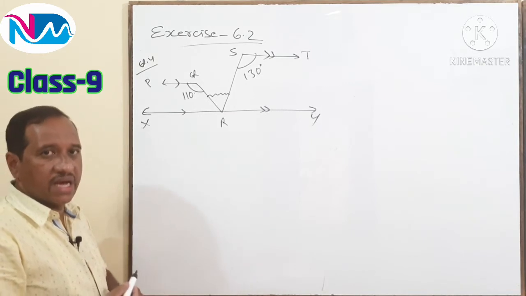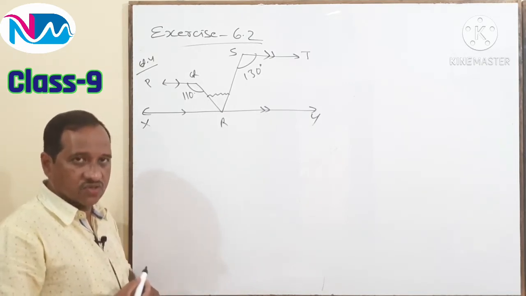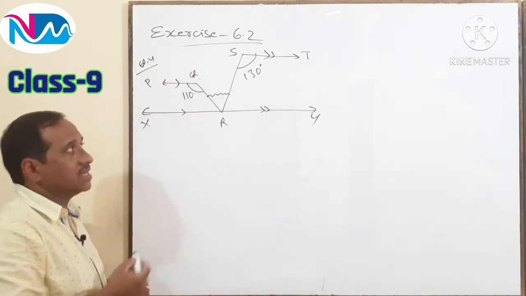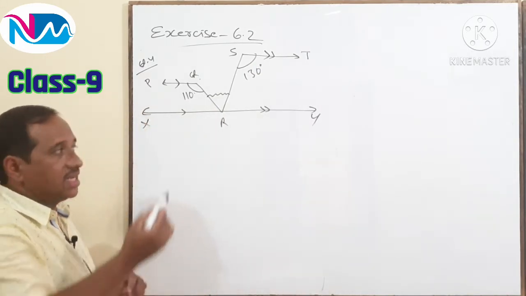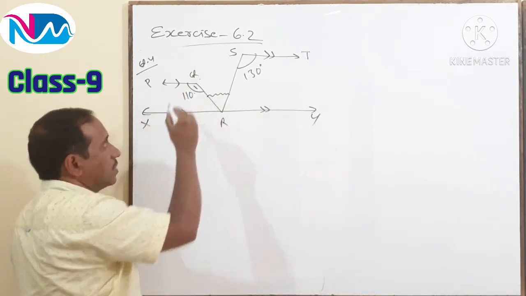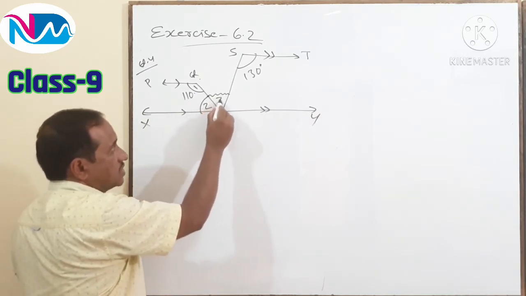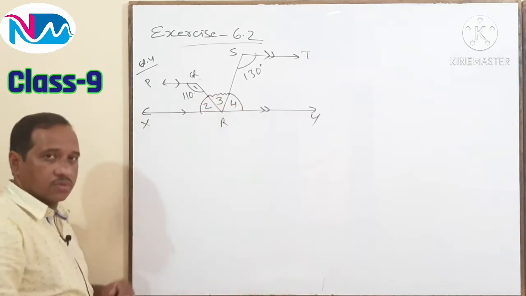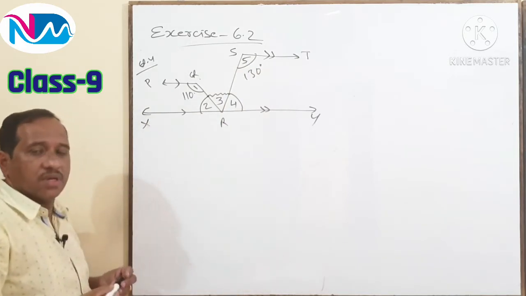As a result, we now have two more pairs of parallel lines. They are PQ and XY, and ST and XY. Here I give this one angle number 1, this is angle number 2, this is angle number 3, this is angle number 4, and this one angle number 5.